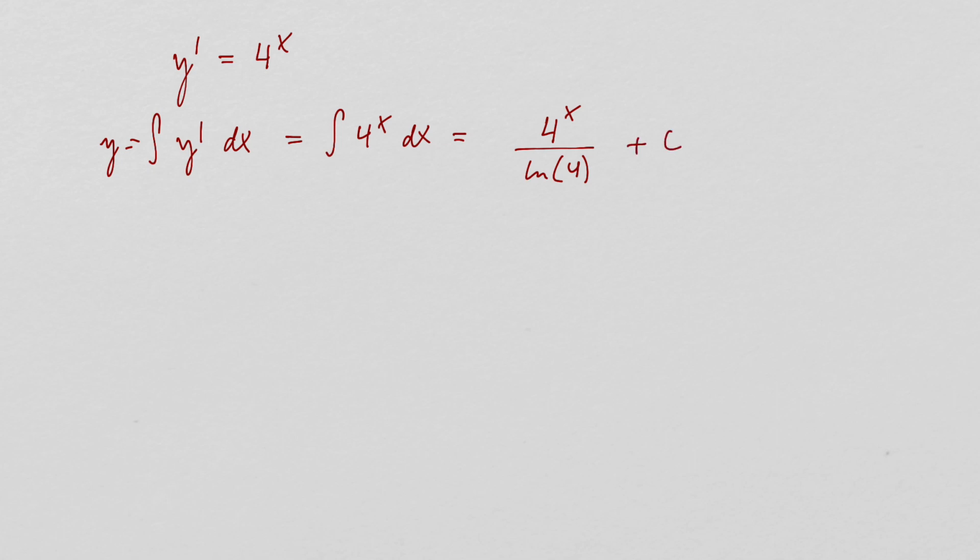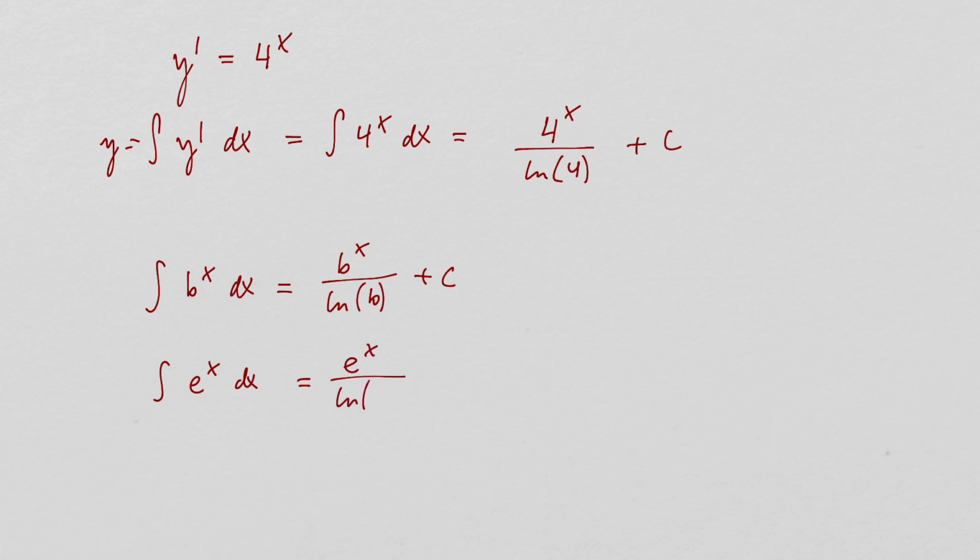Well, how to think about this? If we have some b to the power x and we integrate, the integration formula is of this form. If we have the special case e, then the formula gives this one.